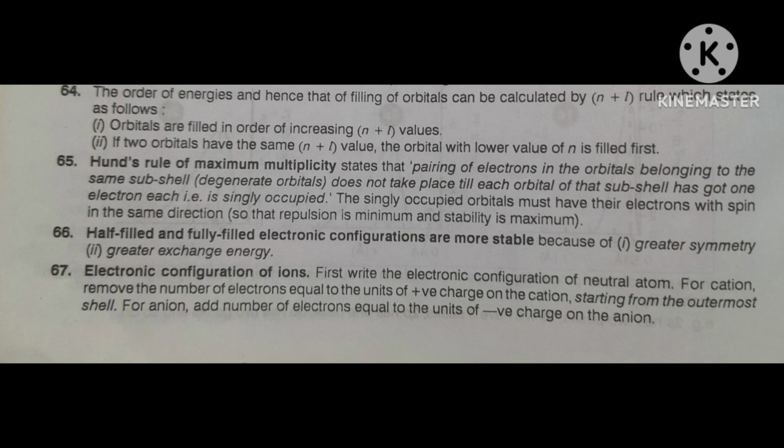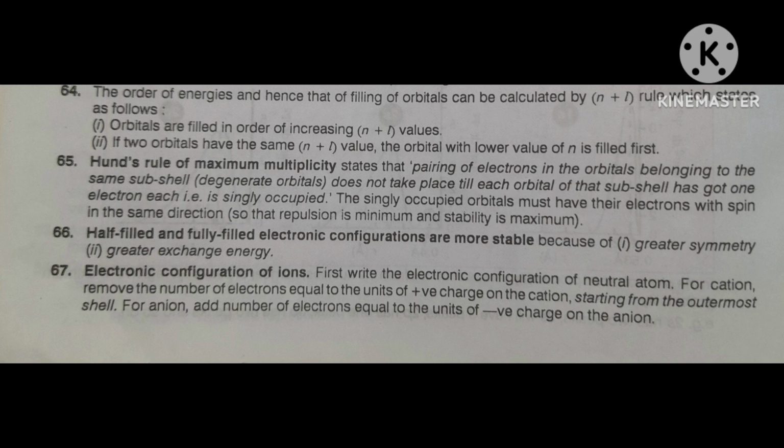If one positive charge, it has lost one electron from the outer shell, also called the valence shell. If two positive, then two electrons are gone from the outermost shell. If three positive, three electrons are gone from the outermost shell. Correct? Or orbital you can tell.